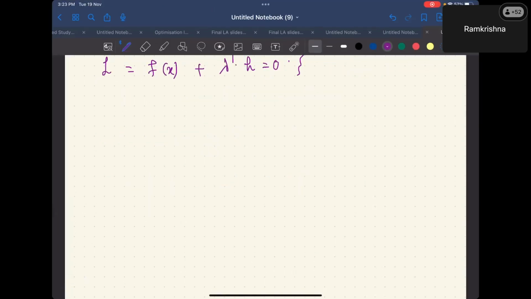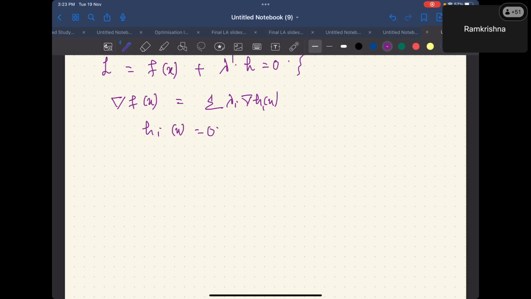So I know the first order necessary conditions now, right? The gradient of f of x is the summation over lambda times the gradient of h of x, and then all the other conditions, h_i and lambda_i equal to 0.